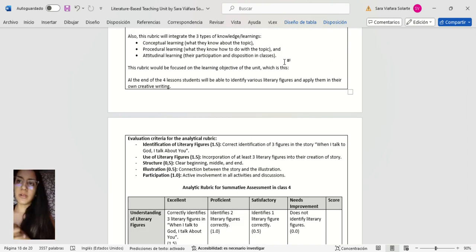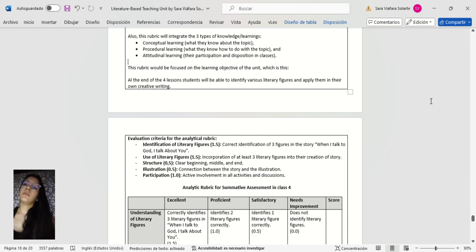Also, this rubric will integrate the 3 types of knowledge or learning, which are conceptual learning, what they know about the topic; procedural learning, what they know how to do with the topic, I mean the practice; and attitudinal learning, which is their participation and disposition in the classes.